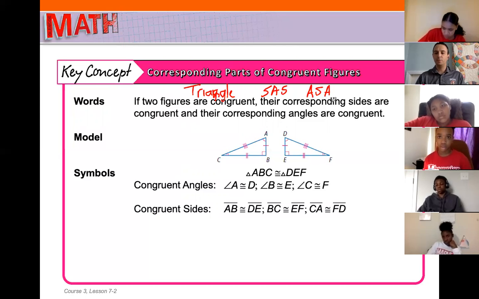Remember all those we talked about in the previous triangles unit? This concept is the basis behind that. So now that I'm proving that they're congruent to each other, angle A is congruent to D, B is congruent to E, F is congruent to C, and so on, all the lines we talked about on the previous line. This leads you into this idea.